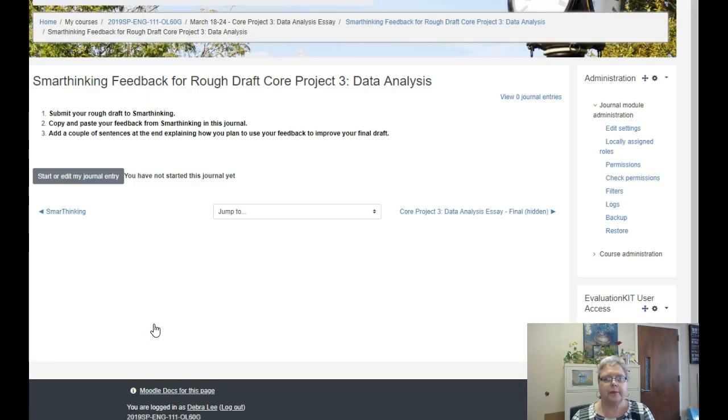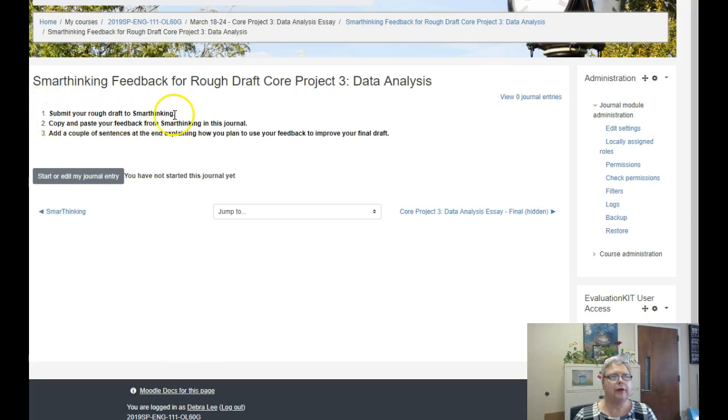And if you have waited until the end of the week to do this, and you don't have time to get your Smart Thinking feedback back, as soon as you get it back, then go back to that tab and post it there. I think I've made that journal available for 2 weeks so that you can, if you haven't gotten your feedback until next week, you can go back and put it in there.